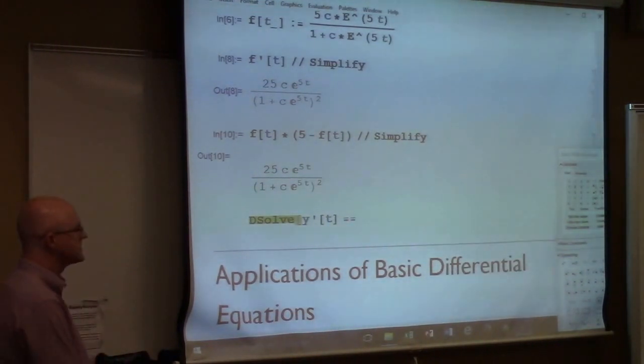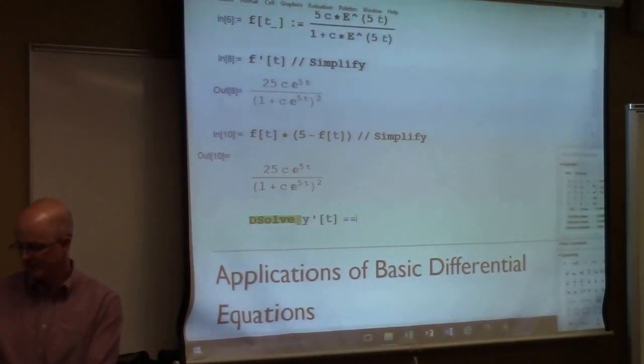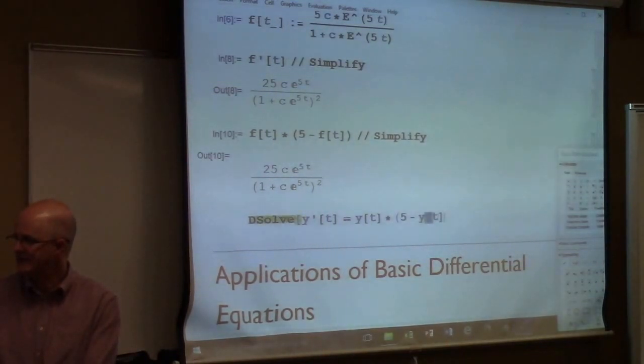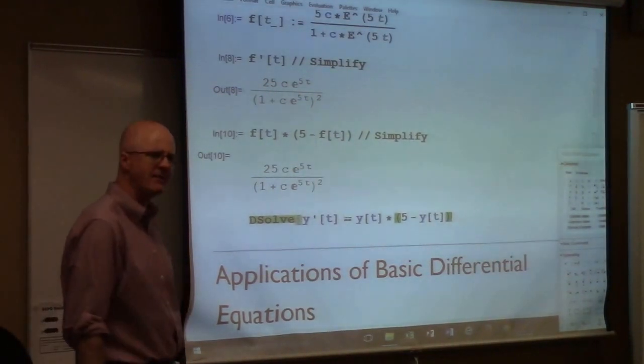Anytime you're solving equations in Mathematica, you need double equal signs. And even though in the differential equation I don't put the t's on the right side, I do have to do that in Mathematica.